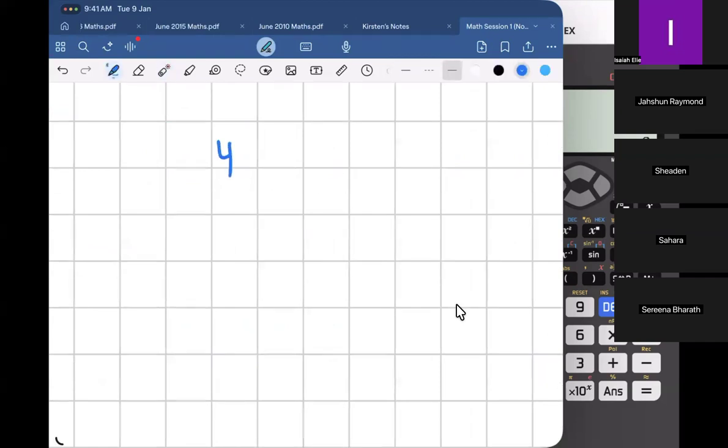Serena, if you had 4 over 5, right? And I wrote that as 3 plus 1 over 5, is it still equal? Yes. Okay, Serena, if I had 4 over 5 and I multiply that by 7 over 1, what would you say that's equal to? 4 multiplied by 7 over 5.